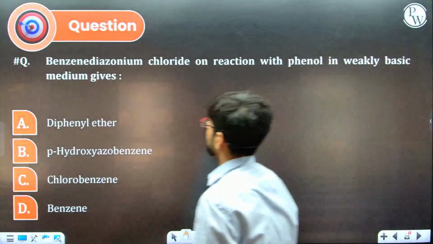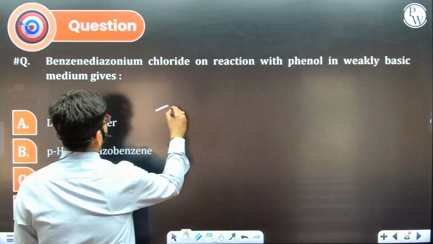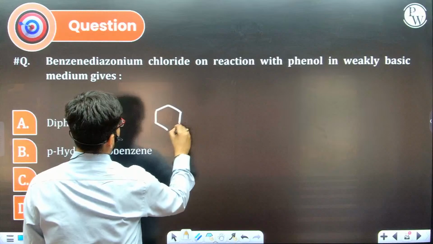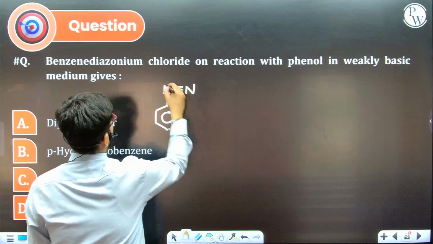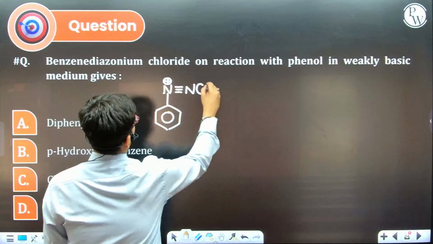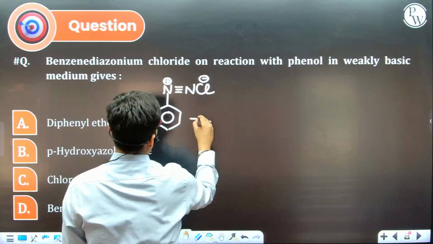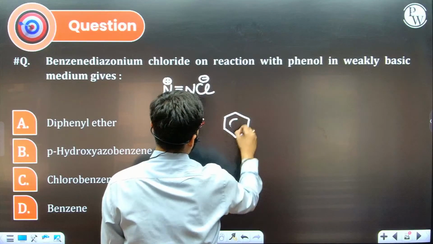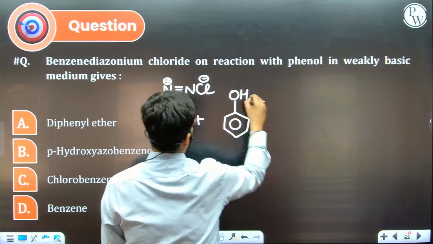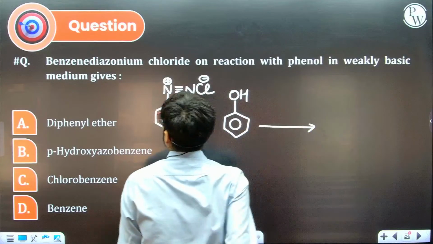Next question. Benzene diazonium chloride. Okay, this is benzene diazonium chloride. This is benzene diazonium chloride, reacting with phenol, okay, in basic medium, to give us what?